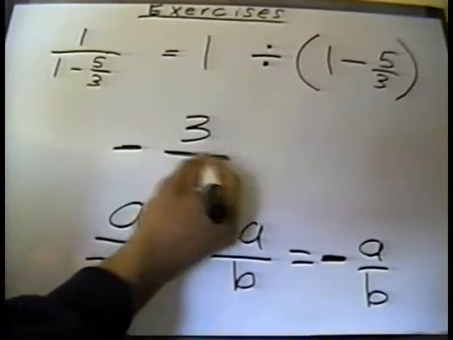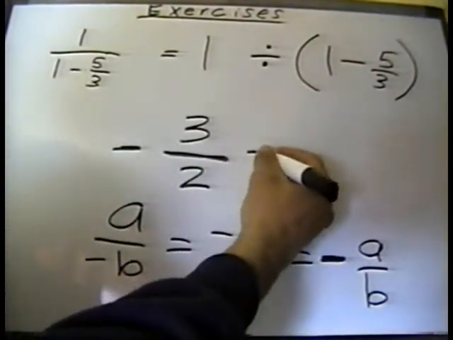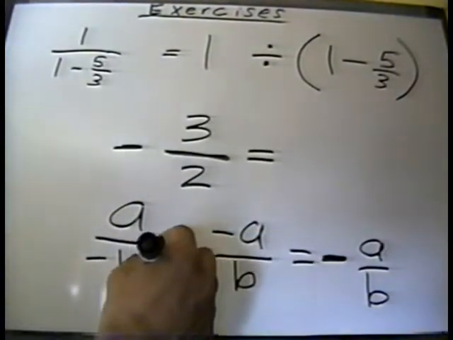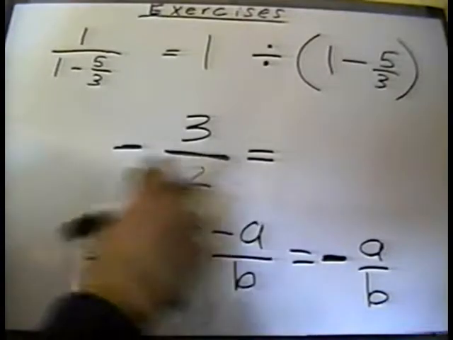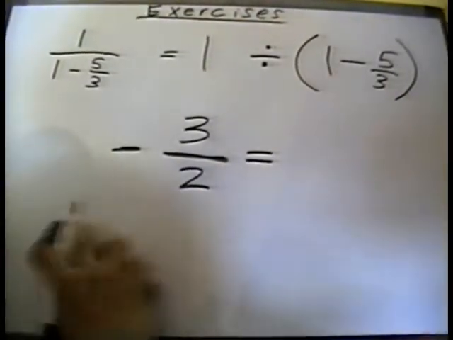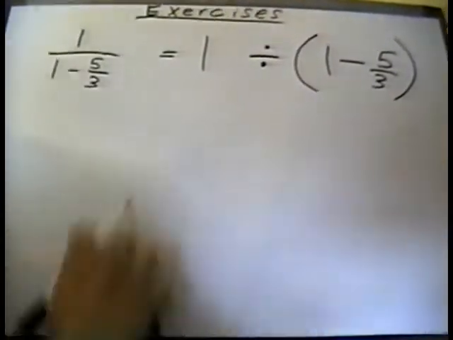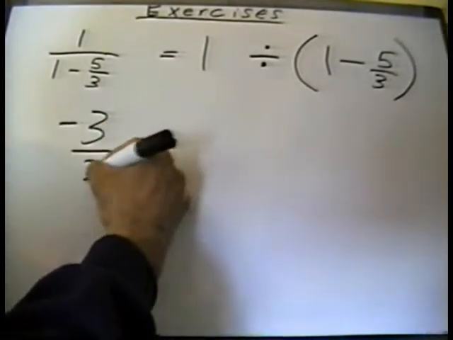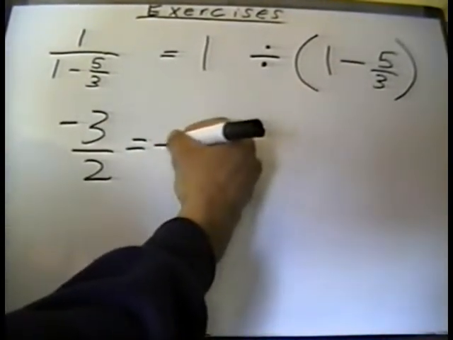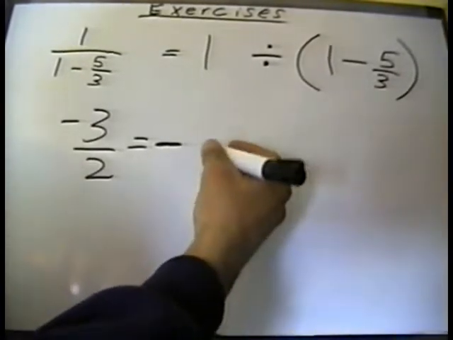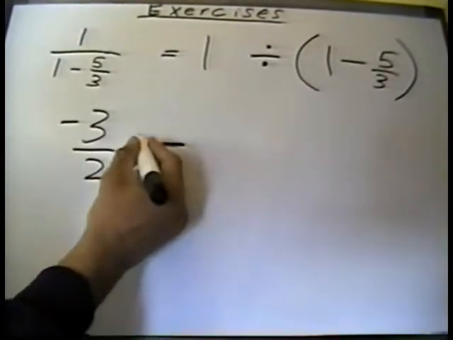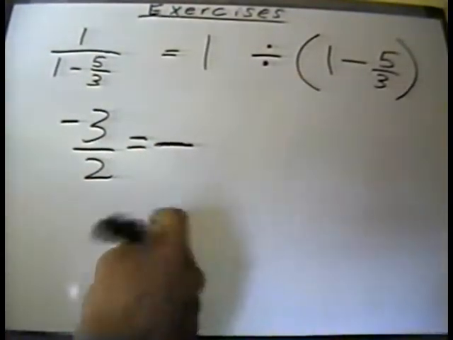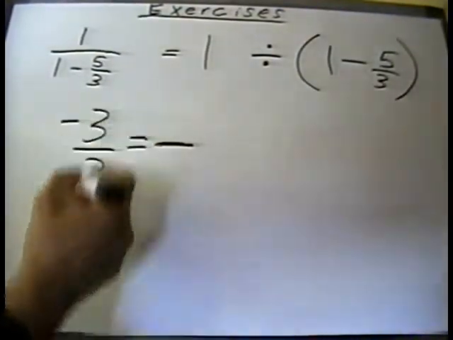So this becomes negative 3 halves. Now negative 3 halves, or negative 1 times 3 halves. So you get negative 3 halves, that equals, okay, so we brought our negative sign.